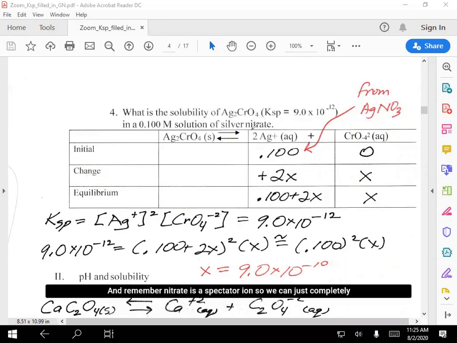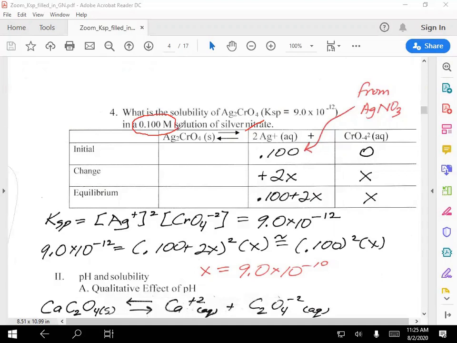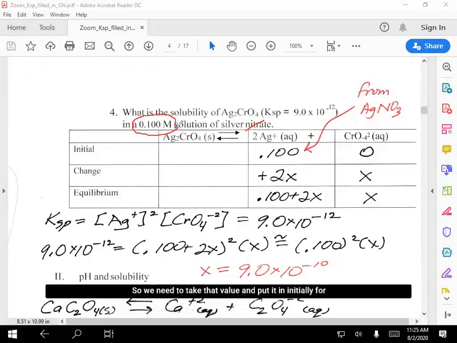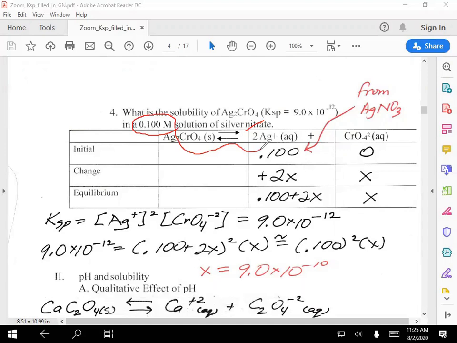Now remember, nitrate is a spectator ion, so we can just completely ignore the nitrate. But we do have some silver ion from the silver nitrate solution. So we need to take that value and put it in initially for the silver.